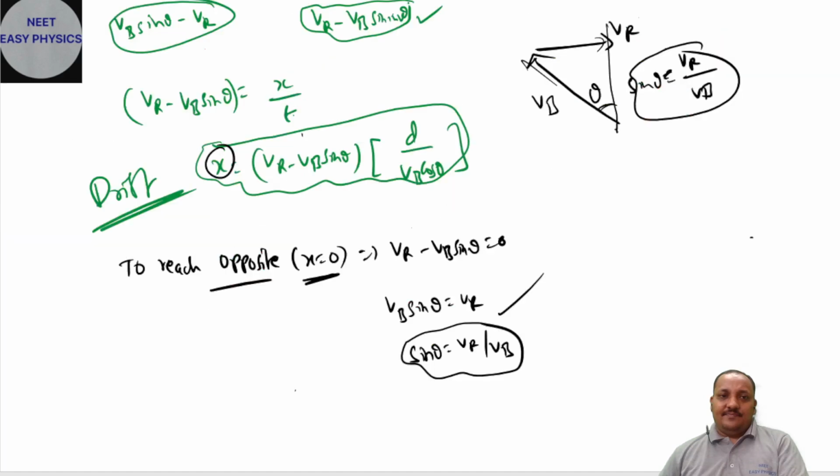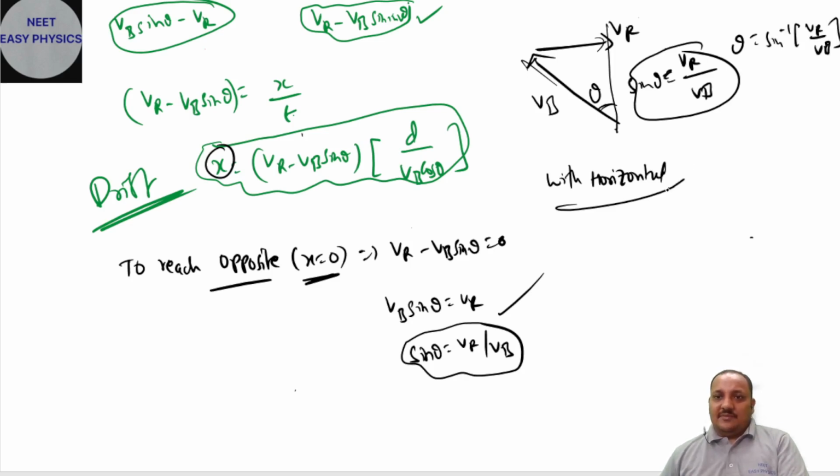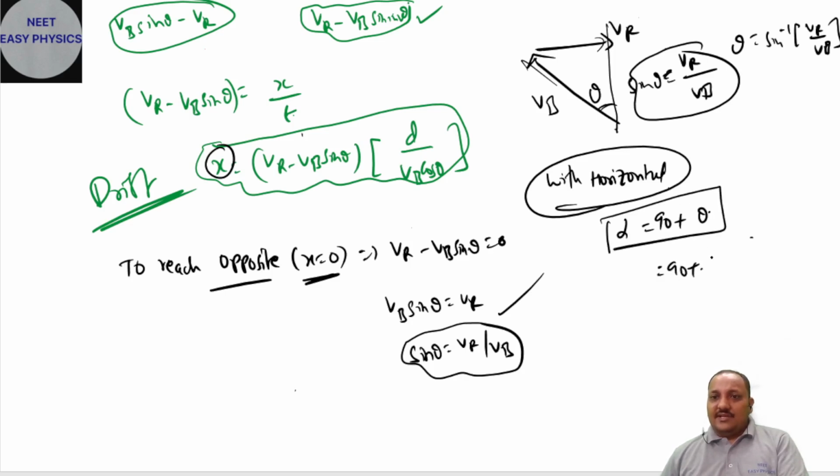Correct? So here theta is sin inverse VR by VB. With the horizontal, alpha is equal to 90 plus theta, so 90 plus sin inverse VR by VB, or pi by 2 plus sin inverse VR by VB.